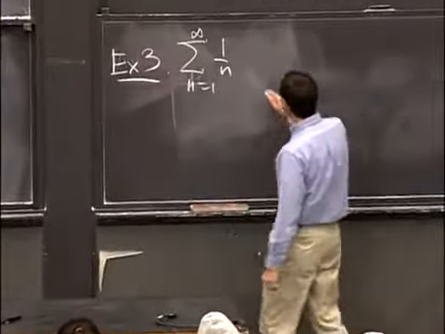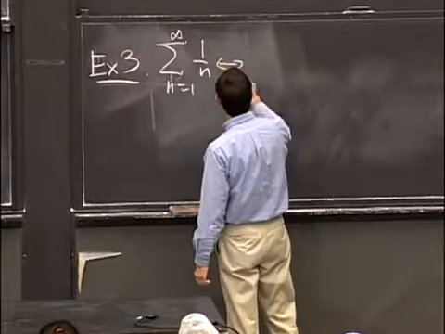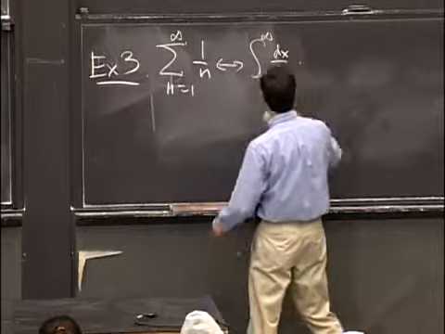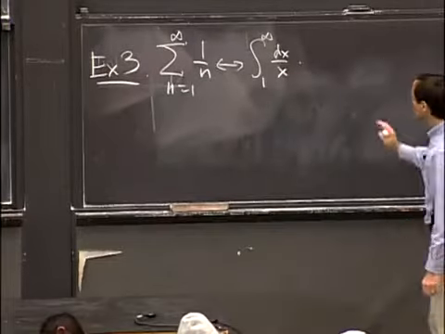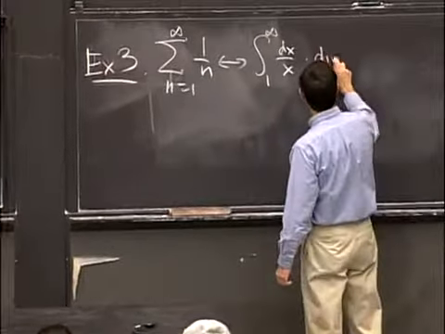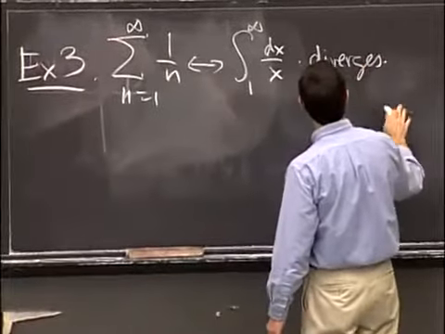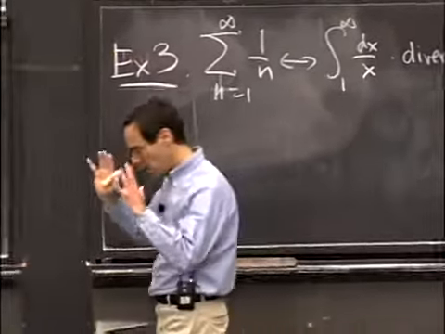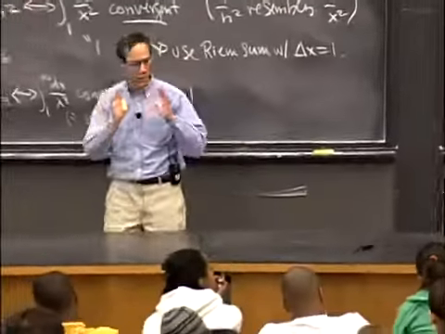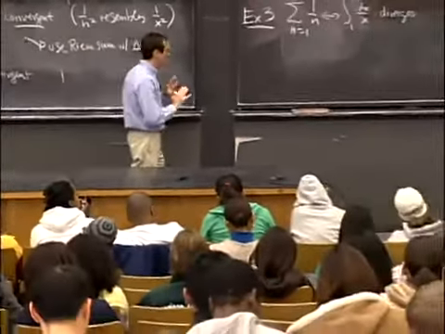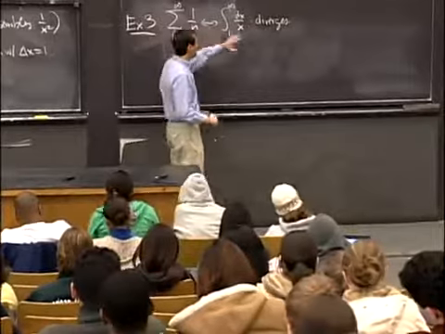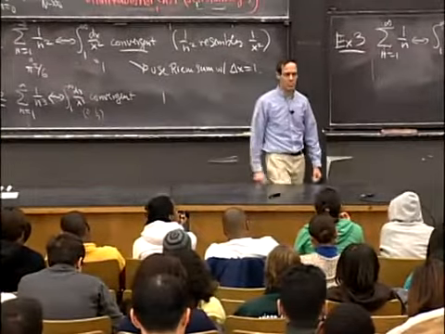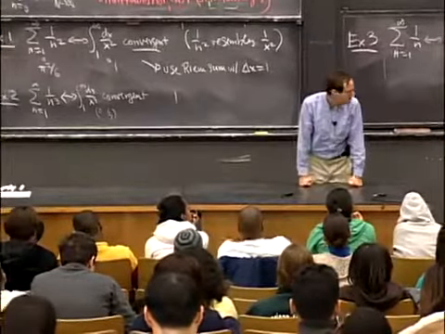And what we're now going to see is that it corresponds to this integral here. And we're going to show, therefore, that this thing diverges. But we're going to do this more carefully, in some detail, so that you see what the correspondence is between these quantities. And the same sort of reasoning applies to these other examples.